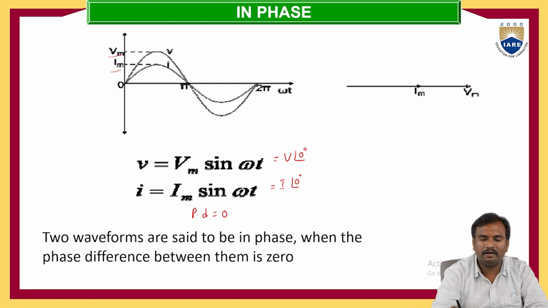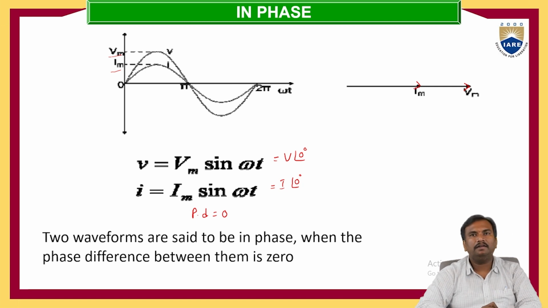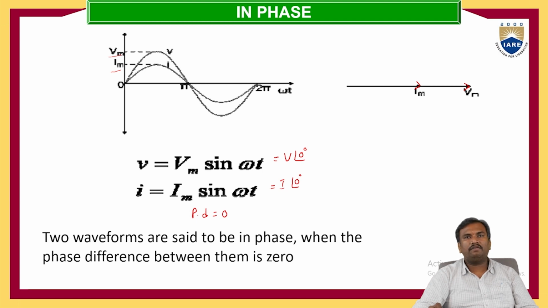If we draw Vm, Im is also on the same line. So we can say that this voltage and current phasors or waveforms are in phase.